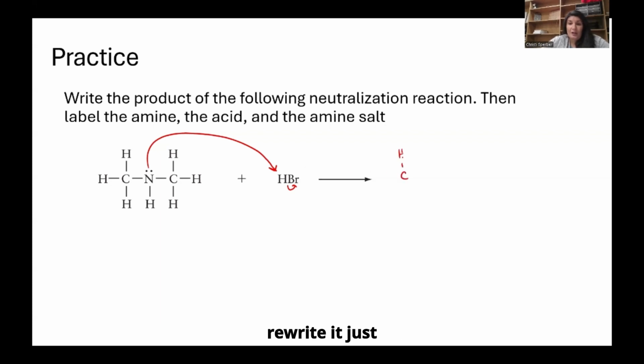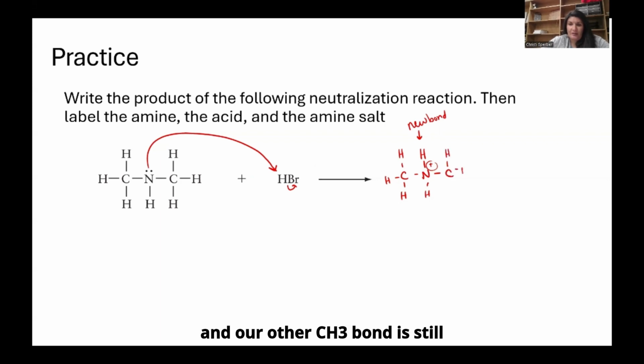So I'm going to rewrite it just like how it's shown with the new hydrogen bond. So the new bond, which makes it positive, and our other CH3 bond is still there.